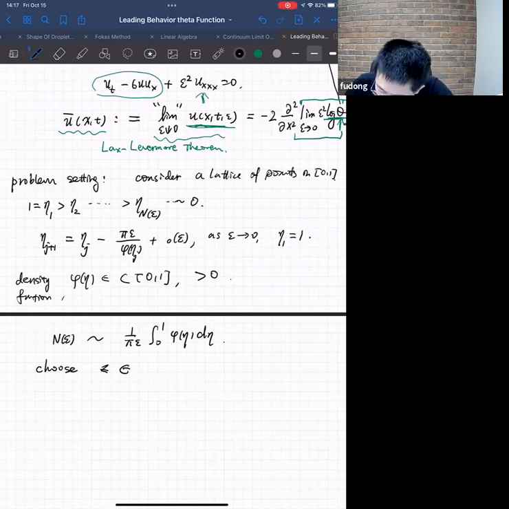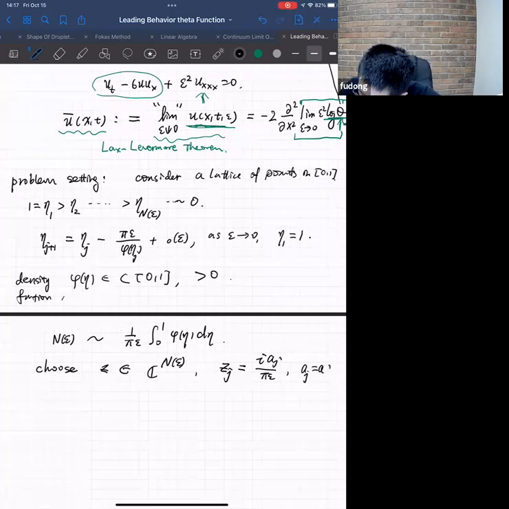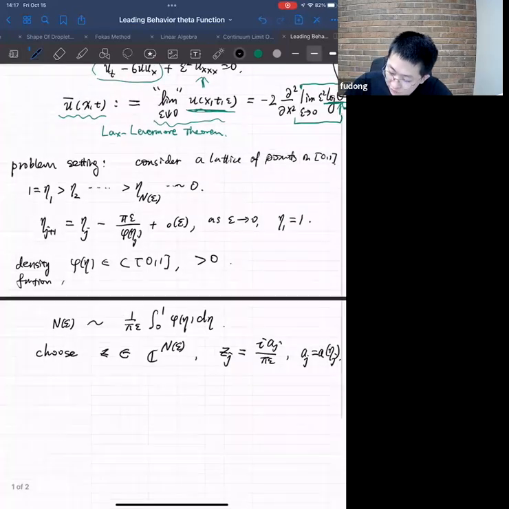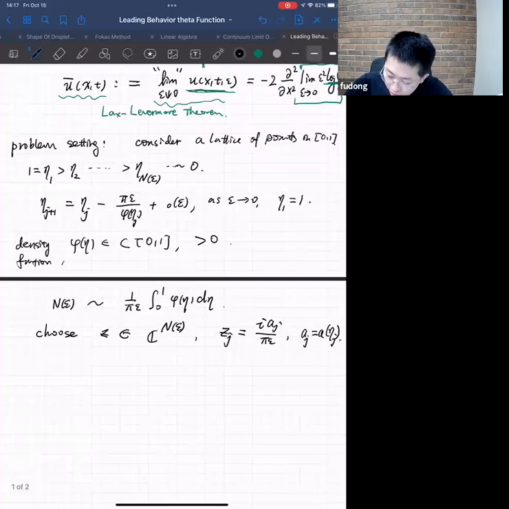Z is a complex vector, and the dimension of the vector is n epsilon, and Zj is defined by i Aj over pi epsilon. And what is Aj? Aj is a function A taking value at eta j. I will mention the function later.